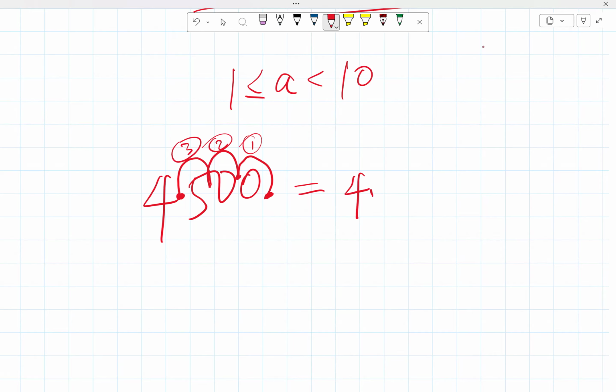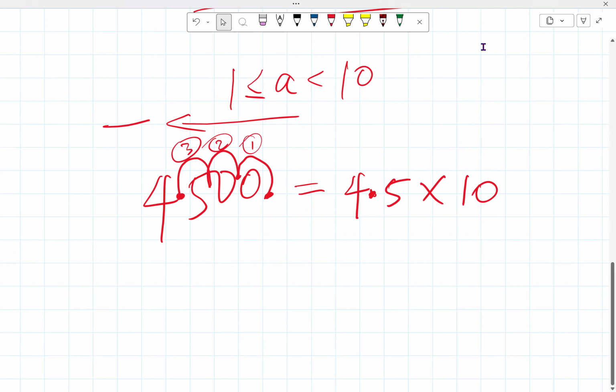Because you moved to the left, it's going to be positive. You have 4.5 times 10 raised to power 3. So 4,500 in standard form, or scientific notation, is 4.5 times 10 raised to power 3.